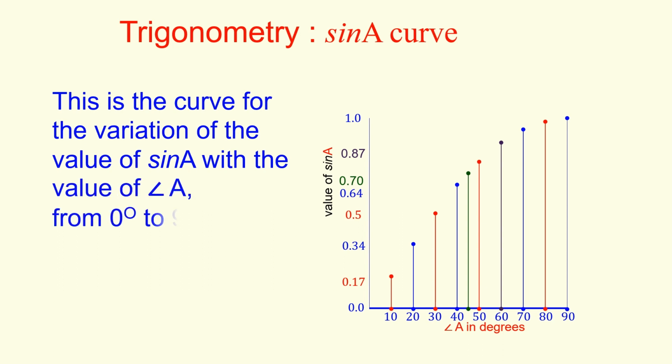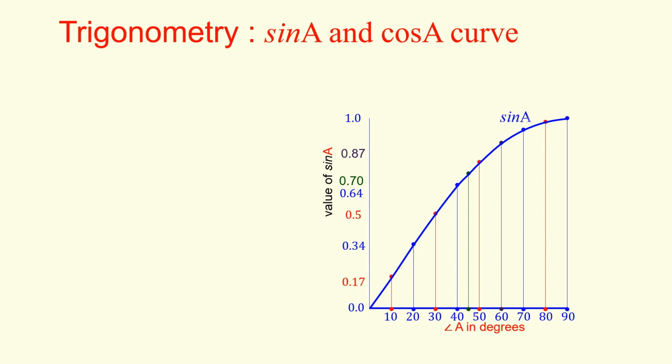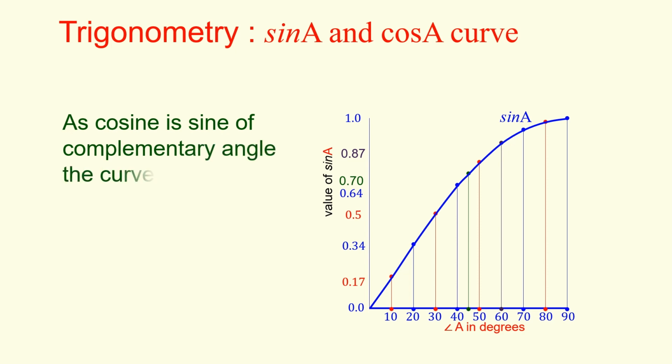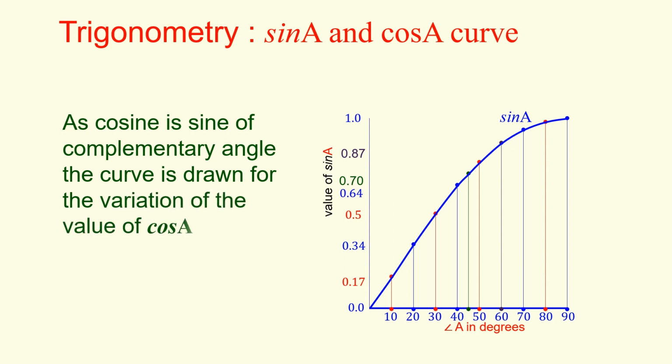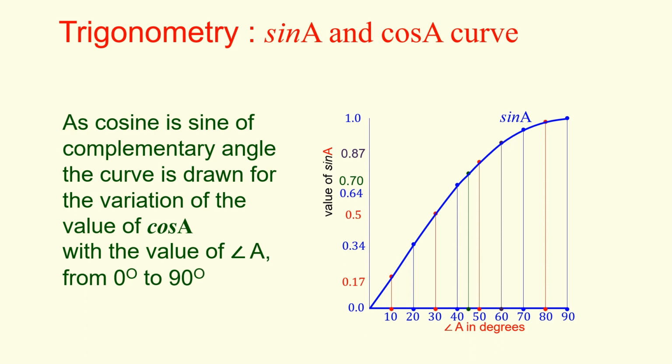This is the curve for the variation of the value of sine A with the value of angle A from 0 to 90 degrees. As cosine is sine of complementary angle, the curve is drawn for the variation of the value of cos A with the value of angle A from 0 to 90 degrees.